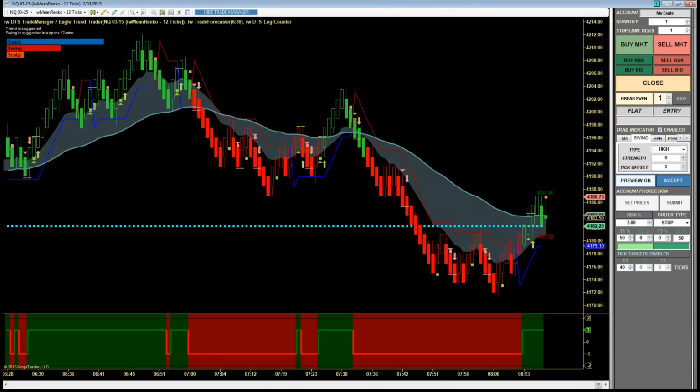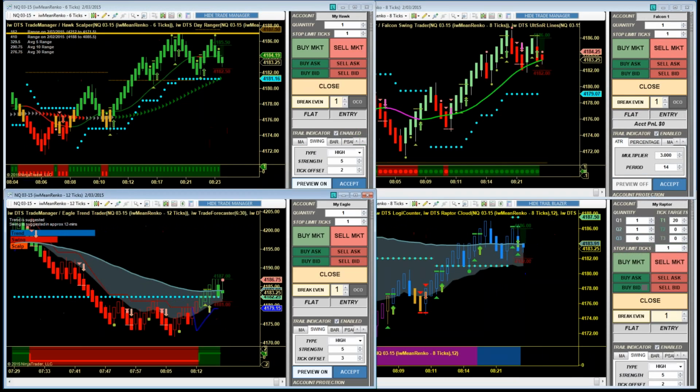And if it does that, at the very least, we should be able to recover to these recent lows around 41.72, 73. However, I would not be surprised to see the NQ tail off to 41.60, maybe even as low as 41.20, which was a significant low yesterday.